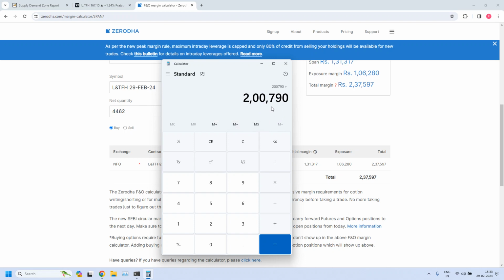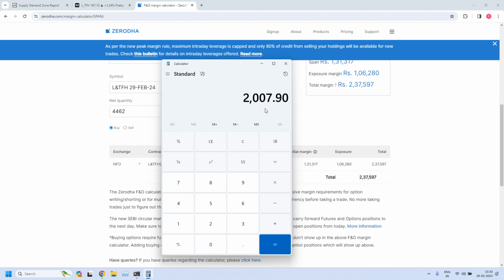So what is that, something wrong? Into 100 divided by 2007.90.